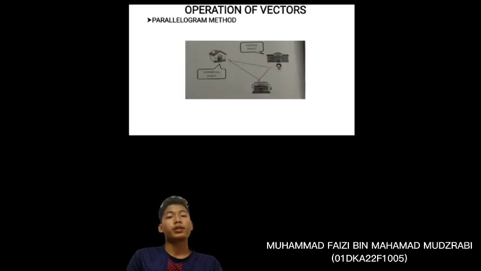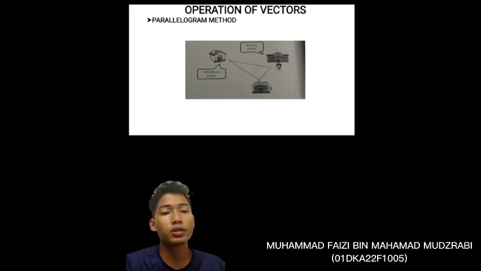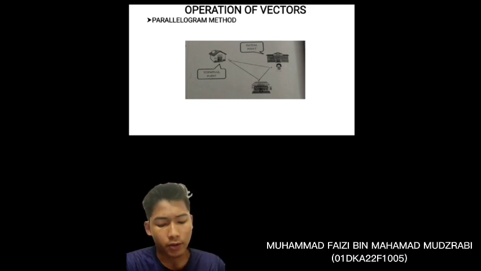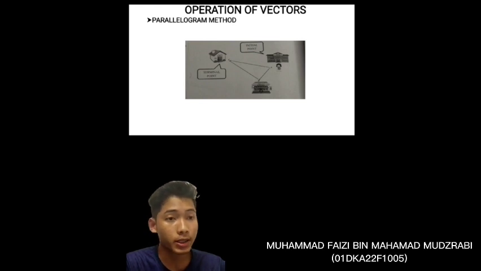Operation of vectors. Parallelogram method. As you can see in the picture, Susie walked from her school, point A, to the store, point B, with a displacement vector AB. Then from the store, point B, she goes back home, point C, with a displacement vector BC.